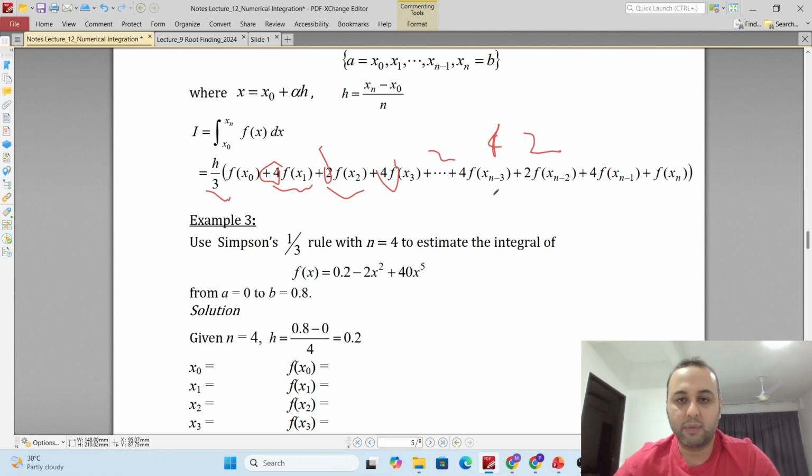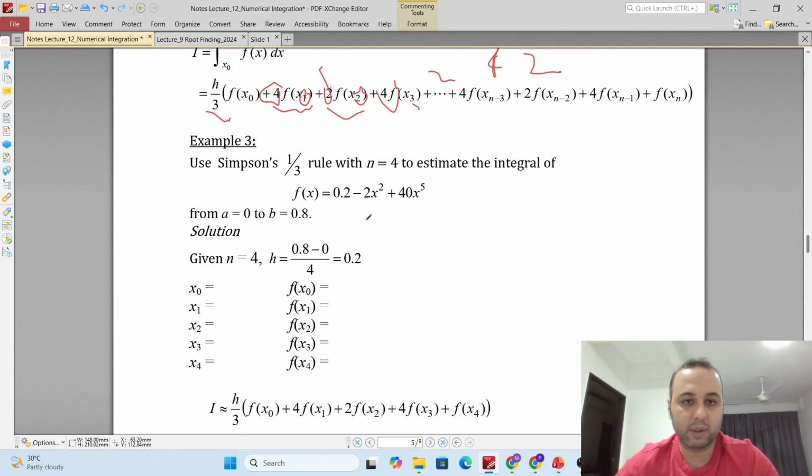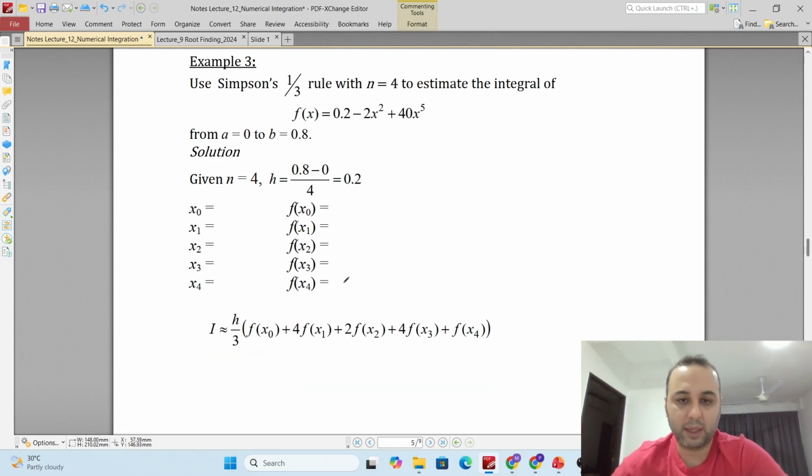So the odd one has 4, the even one has 2. As you can see, the first and the last one don't have any coefficient, means the coefficient is 1.